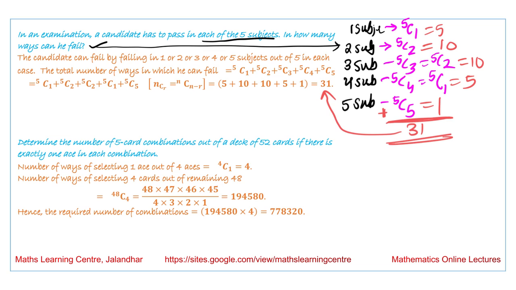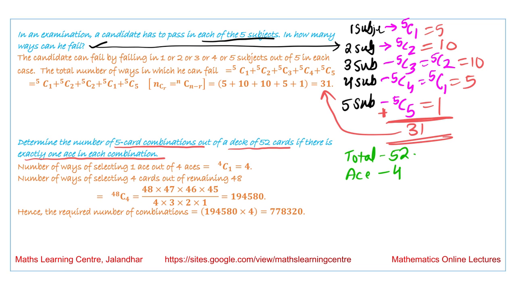Next is, determine the number of 5 card combinations out of a deck of 52 cards if there is exactly one ace in each combination. So we are saying that we have a total of 52 cards, out of which the number of aces is 4.